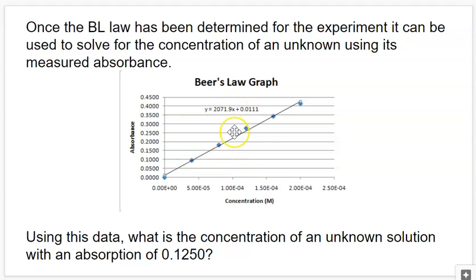So we don't know the concentration of an unknown, but say we plug it into the spectrophotometer and we get a reading of 0.1250. Well, we can use our equation to infer what the concentration is going to be mathematically.